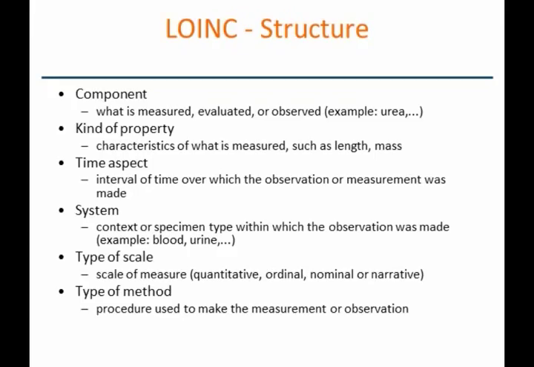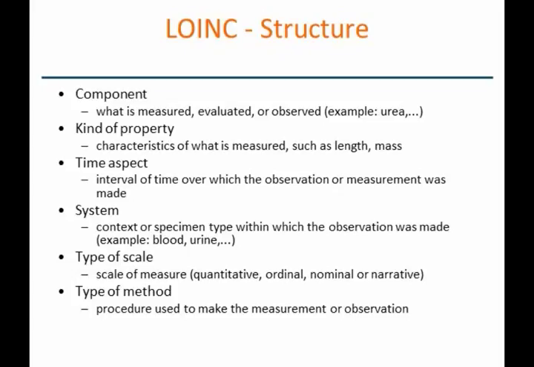The structure of the LOINC message is pretty specific. The actual coding information includes the component, what is being measured, for example, urea. What are the properties of what's being measured? Is it length or mass or volume or units? What is the time interval? What's the system?